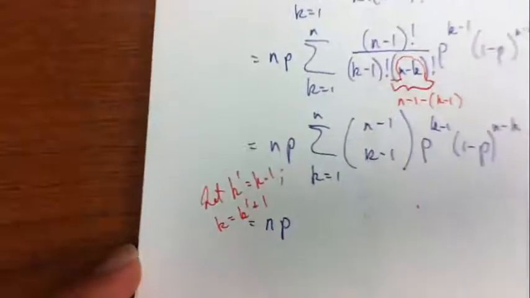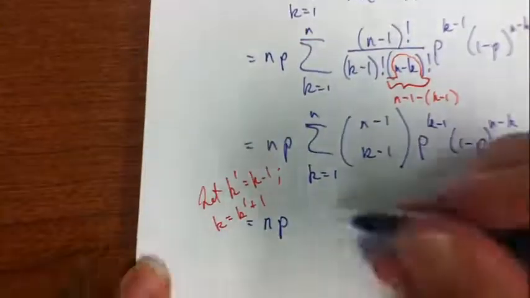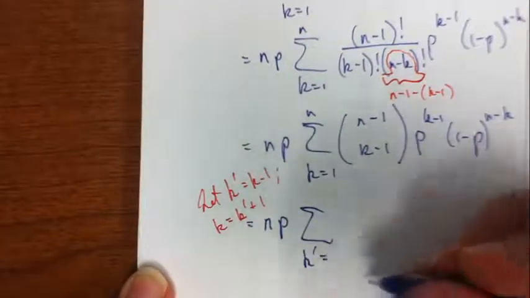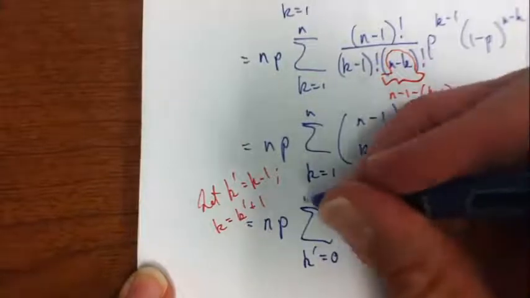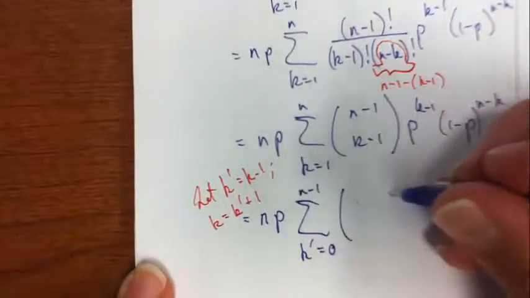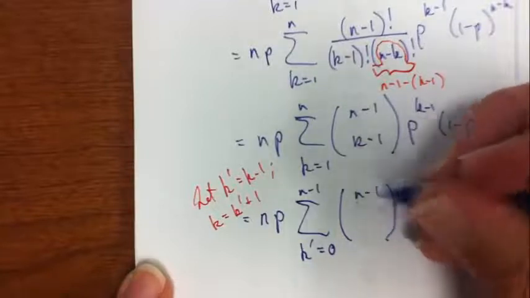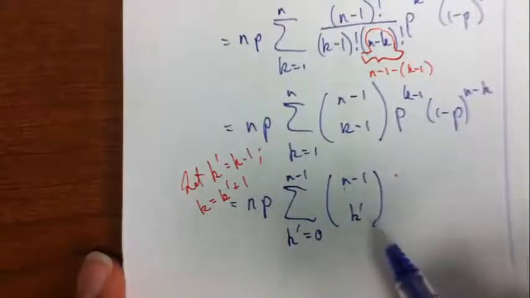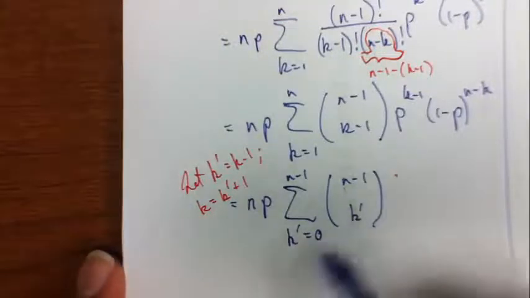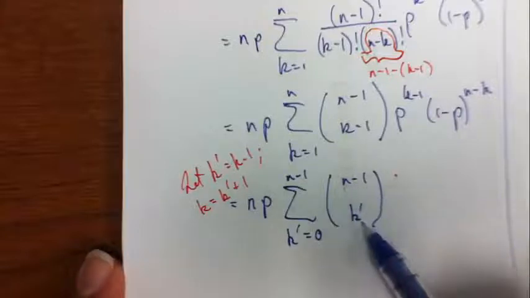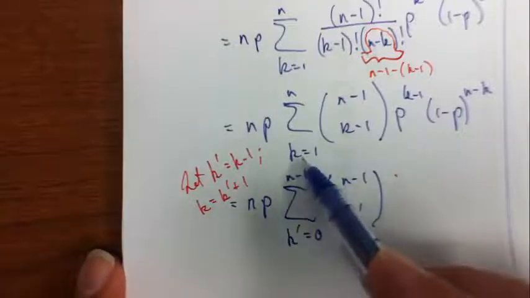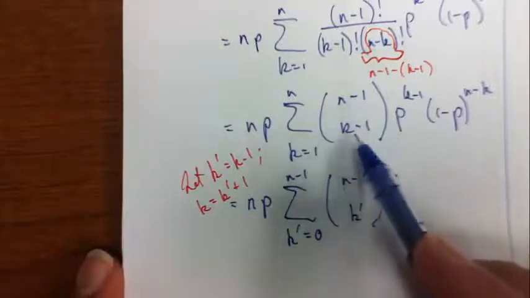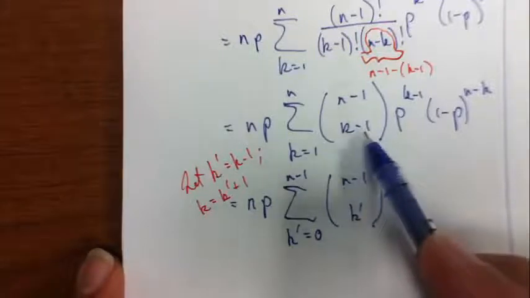Now I can rewrite this summation in terms of k prime. So k prime goes from 0 up to n minus 1. You can check, if k prime is 0, my first term is n minus 1 choose 0. If k equals 1, then my first term is n minus 1 choose 1 minus 1, which is 0. So our first terms line up.